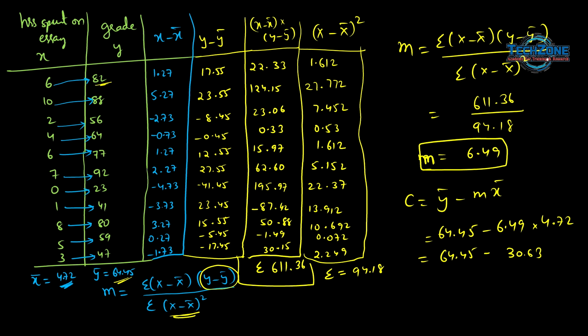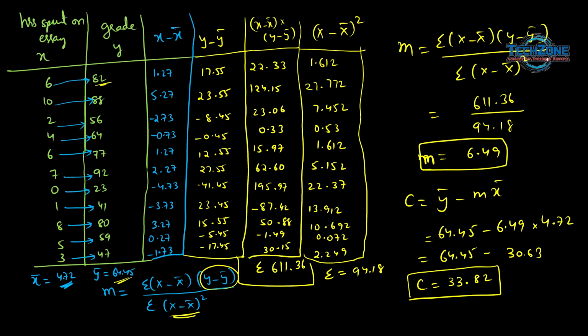If you multiply 6.49 and 4.72, we'll get 30.63, and subtracting 30.63 from 64.45 gives around 33.82. So this is the value of c. I hope this is clear.